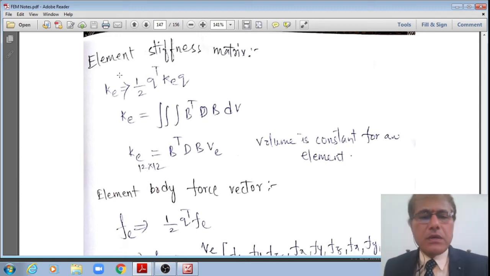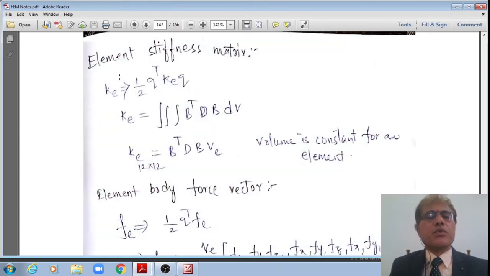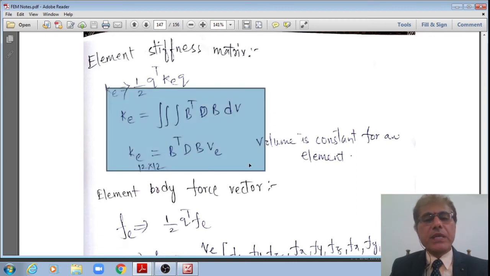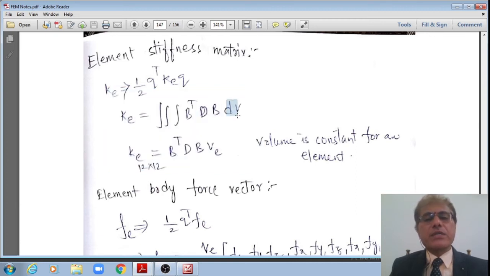You can do it in a similar fashion to prove that the strain energy for one element can be written as half q transpose KE q, where KE is nothing but the integration over the volume V of B transpose D B dV. However, here integration of dV will lead to the volume of that element.